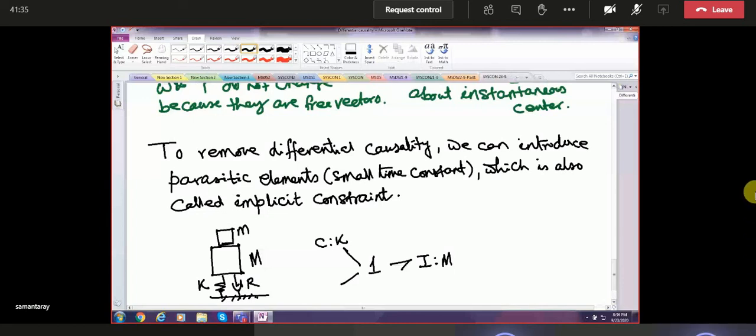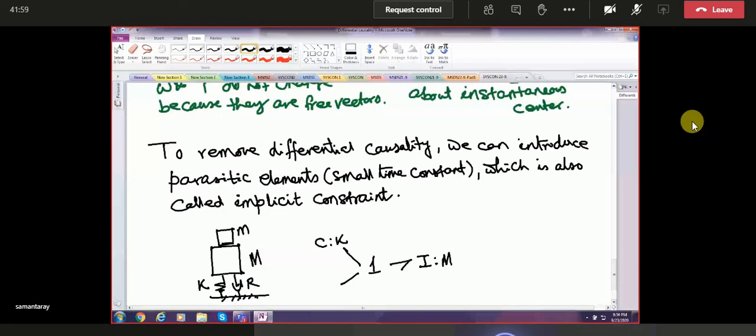For example, this one, we can say between M and small m there is no dynamics. M and small m are the same. But we can introduce a dynamics and say that the dynamics is negligible afterwards. Then we will also have the same thing.